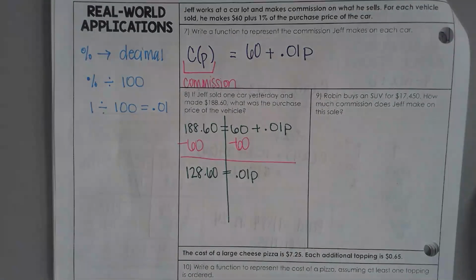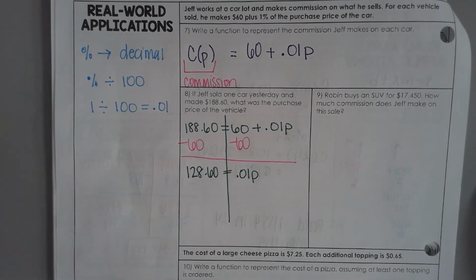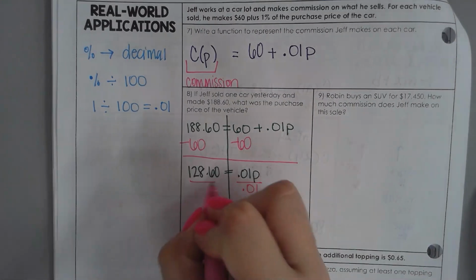Good. And then Emily, is today your birthday? Happy birthday. What do you do next? Divide by 0.01.